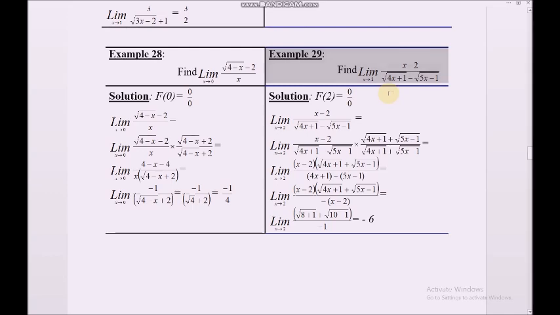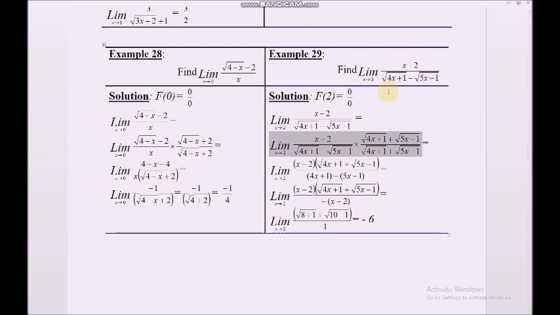First step, the direct substitution is 0 over 0, so we have to take the function and start what? Multiplying by the conjugate. The conjugate of root of 4x plus 1 minus root of 5x minus 1 is the same, but make it a plus sign.